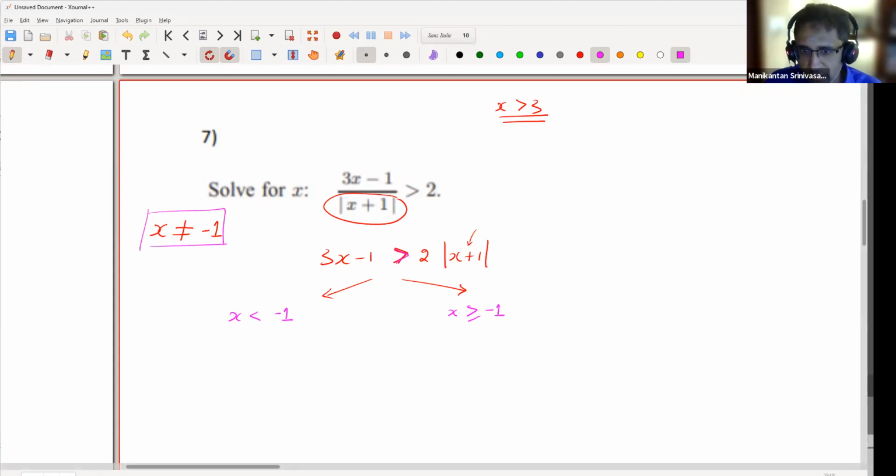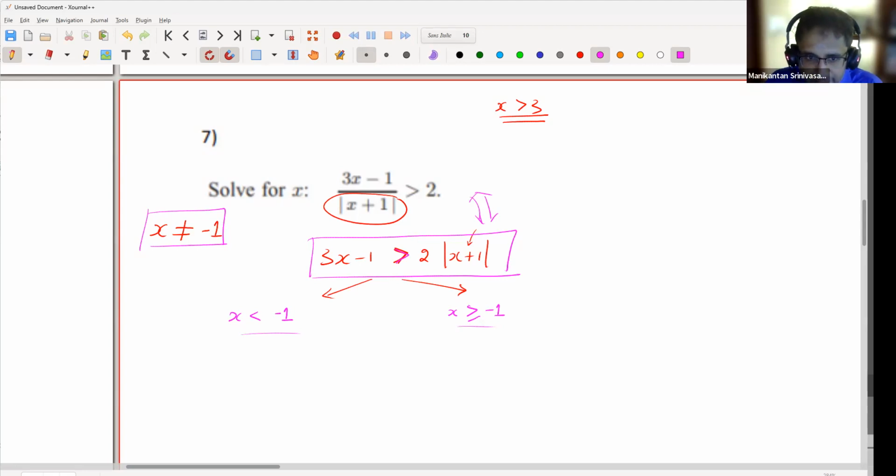For example, suppose the given problem was this, what I've boxed. In this problem, -1 is very much allowed, as in there's nothing breaking. If x equal to -1, there's no 0 in the denominator. So technically, these 2 problems are not equivalent, right? Because x equal to -1 is allowed in the second one. X equal to -1 is not allowed in the original question. But anyway, it's a subtle difference.